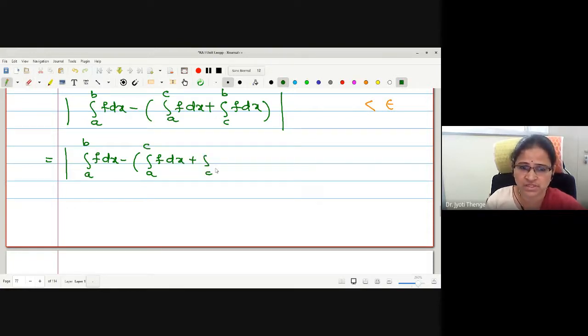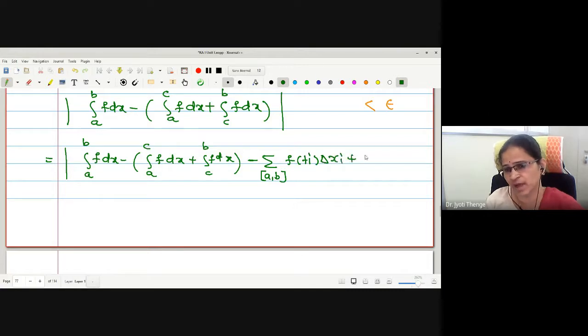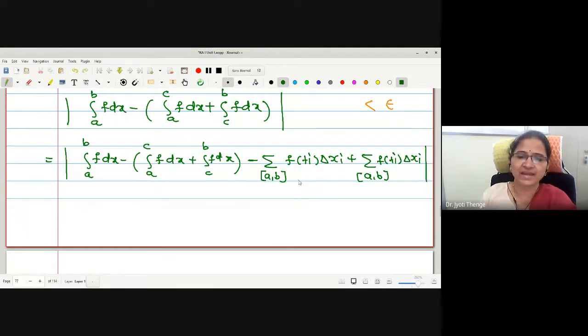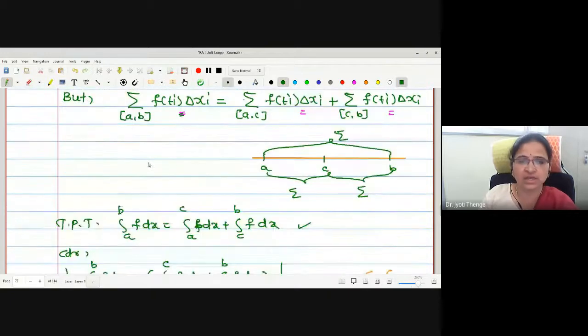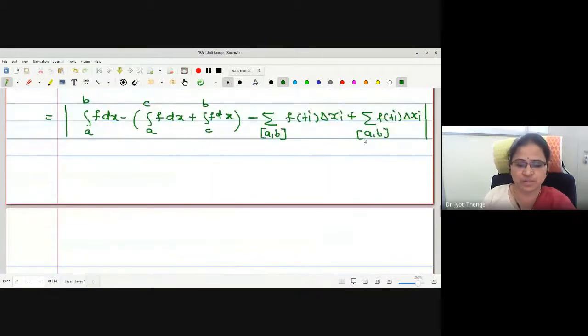Let me write first. Now what am I going to add and subtract? I am going to subtract the sum on a to b of f of ti delta xi, and the same will be added. Is it okay? This is purely an adjustment we have made. Why is the adjustment essential? Because every integration is involved with this Riemann sum on the corresponding interval. So we have added and subtracted.